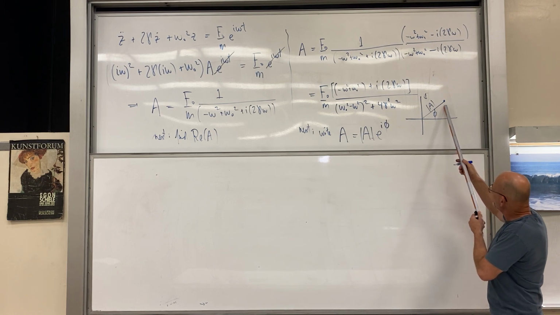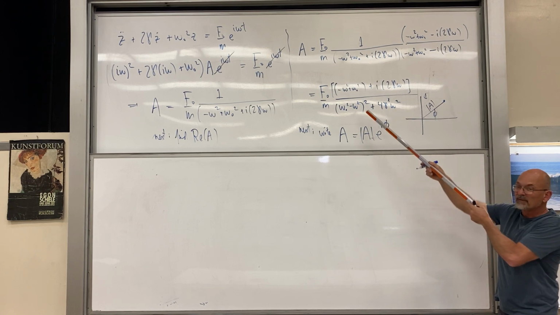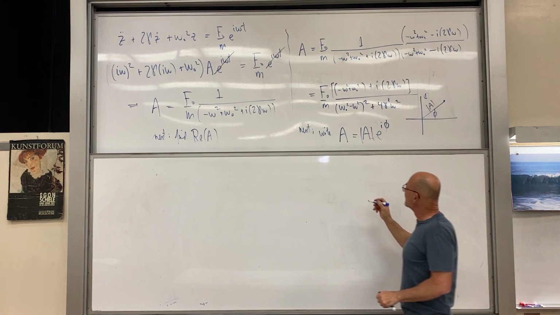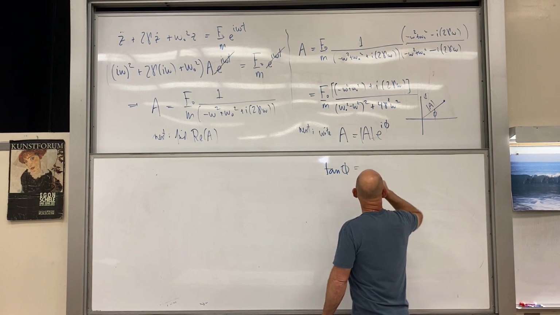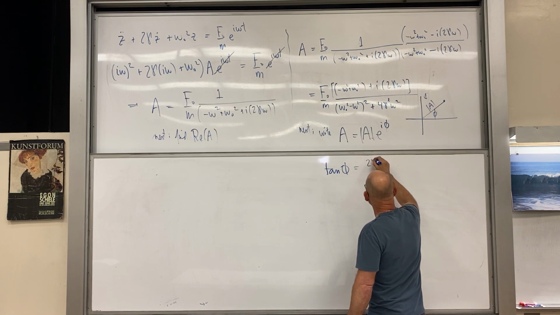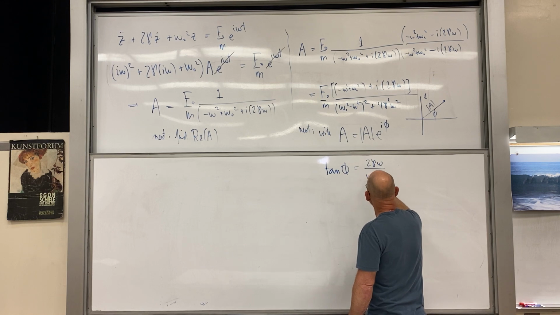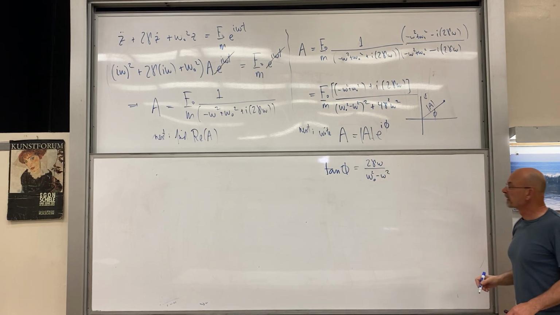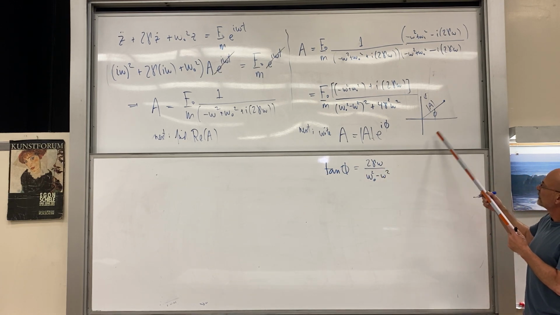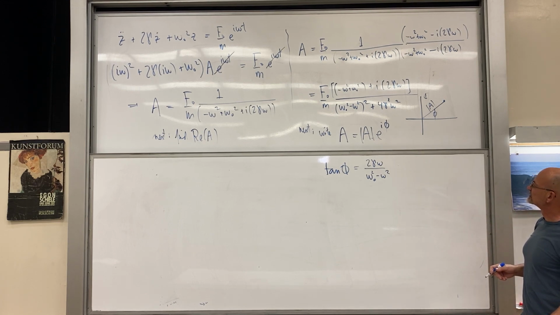Because the phase would just be the inverse tangent of the imaginary part divided by the real part. So we could say that tangent of phi is equal to 2 gamma omega divided by omega naught squared minus omega squared. So far so good.